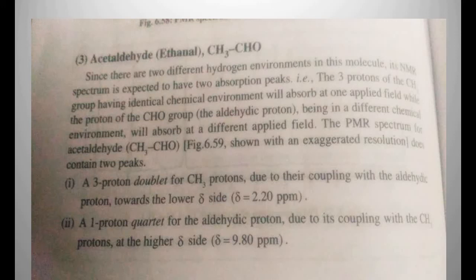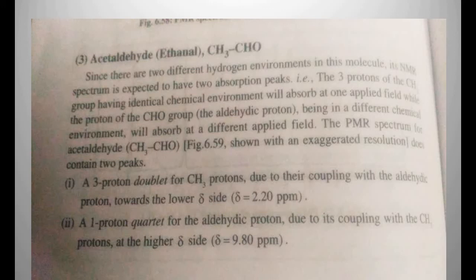So CH3 is at the lower delta value 2.20 ppm as a doublet, while the CHO proton is shifted further.